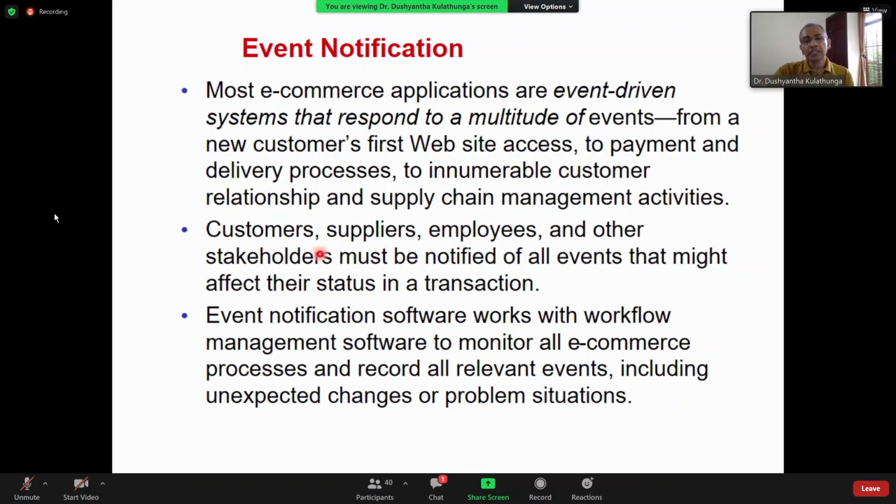Customers, suppliers, employees, and other stakeholders must be notified of all events that might affect their status in a transaction. When you proceed with a transaction, the transaction status can change for different reasons, so the relevant information will have to be communicated to the relevant party.